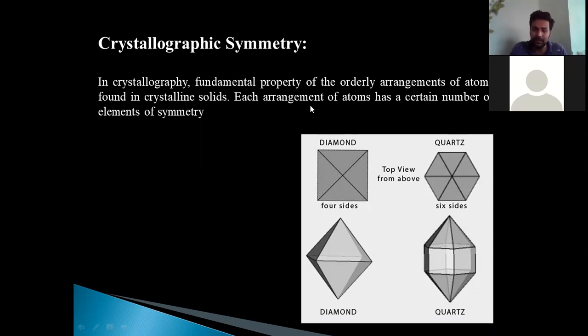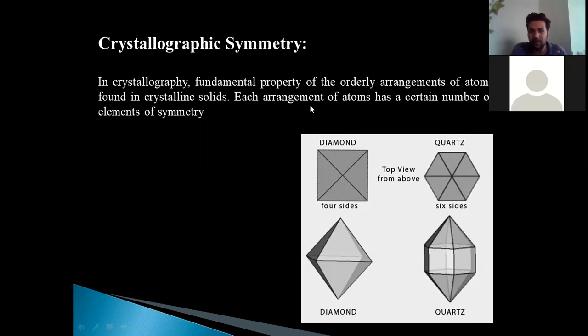And as we know, if the atoms or the molecules or any kind of arrangement is in an orderly manner, definitely there will be a development of symmetry. So usually a crystal whose atoms or constituent molecules are arranged in an orderly manner develops a symmetry, and that symmetry is called crystallographic symmetry. In the picture, you can see the symmetric nature of different crystals.